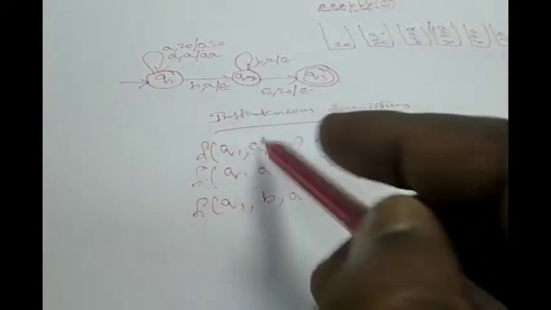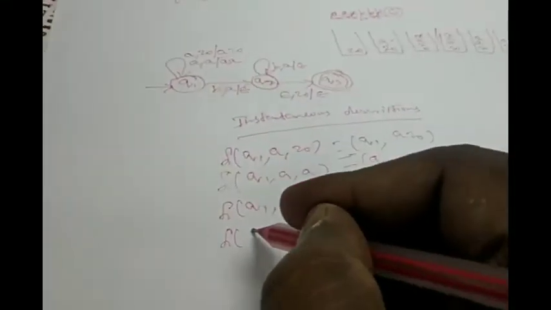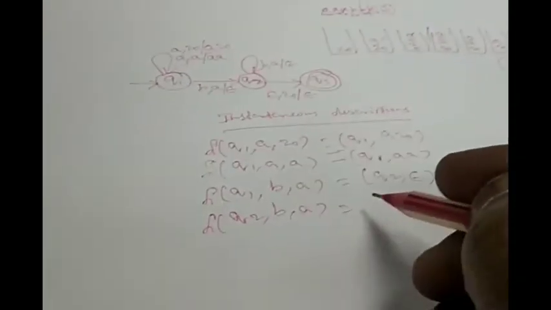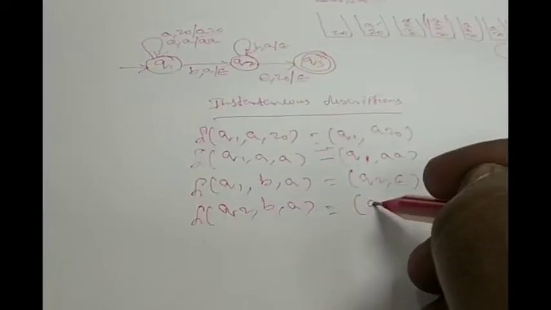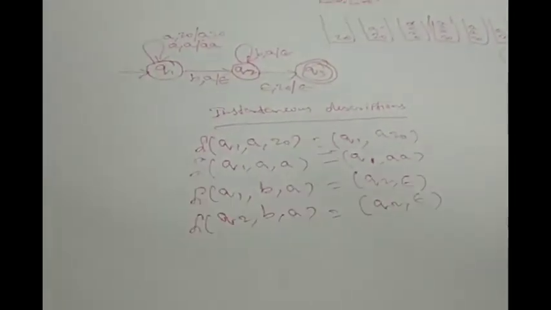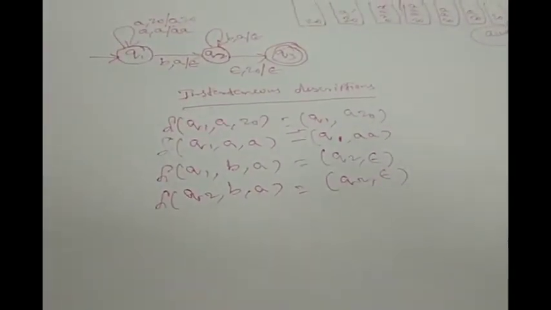In Q2, delta of Q2 comma B comma A, and you are going to the same state Q2 epsilon. Okay. And the last transition is this one. What is the last transition? Epsilon, topmost symbol is Z0, and then replaced by Z0.